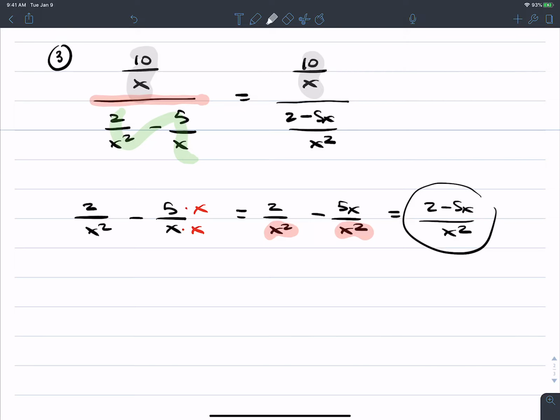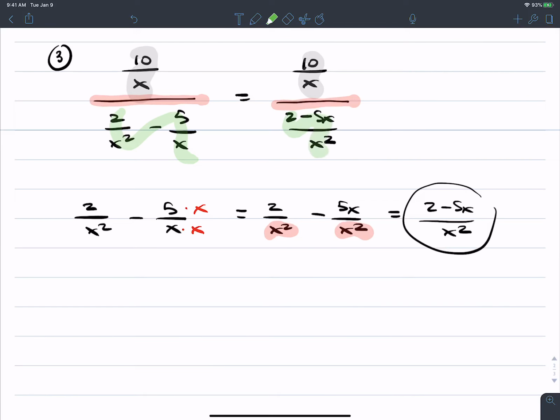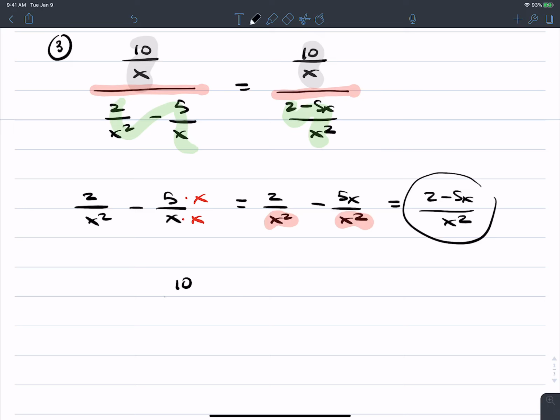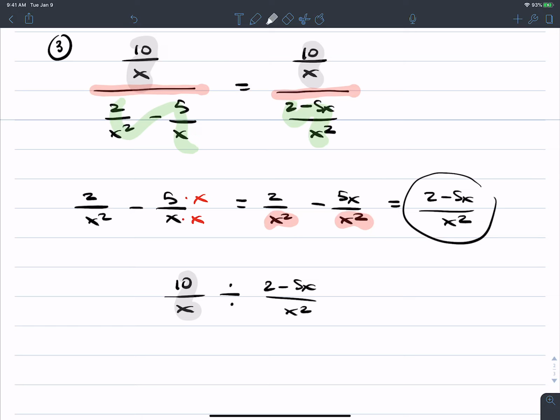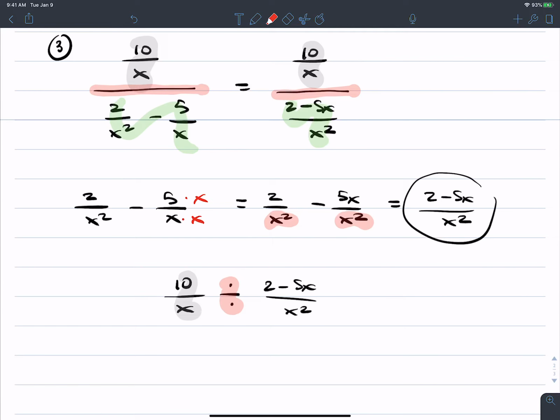First fraction divided by the second fraction. So here's what you end up with. You're writing your division horizontally now. Notice again you have the first fraction, the division sign, and the second fraction.